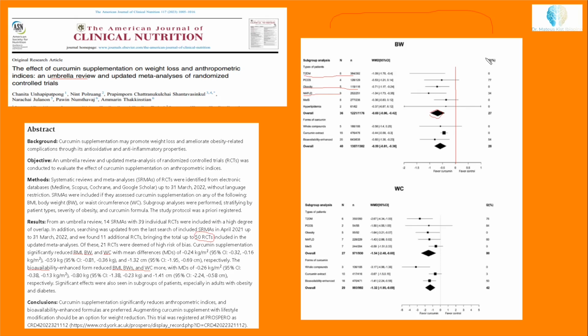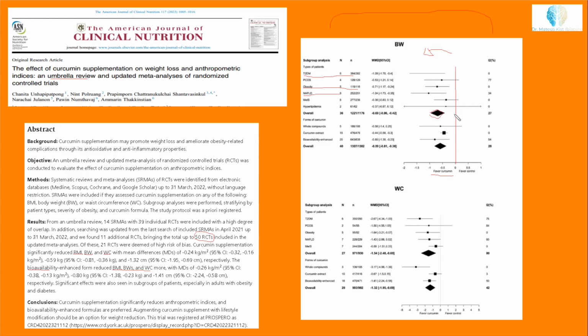The side the diamond is on says what the result was, if it favors either the intervention or the control. In this example, what is to the left of the line favors curcumin. Both diamonds are to the left, so it means that the result of the meta-analysis favored curcumin. If they were to the right of the line, they would have favored the control.